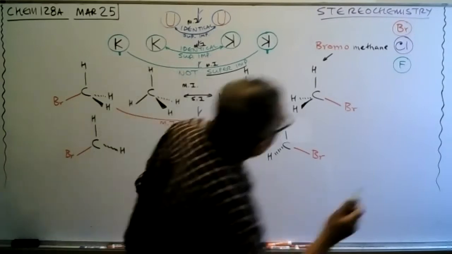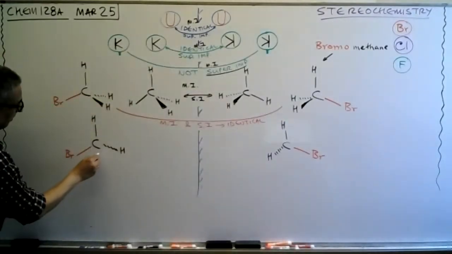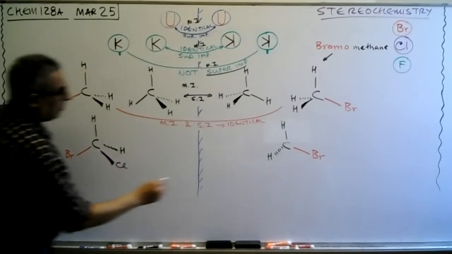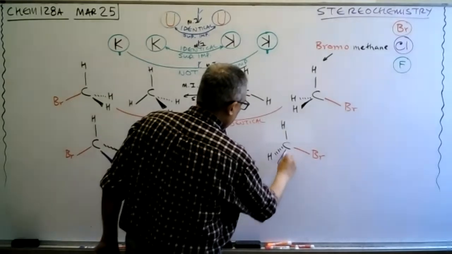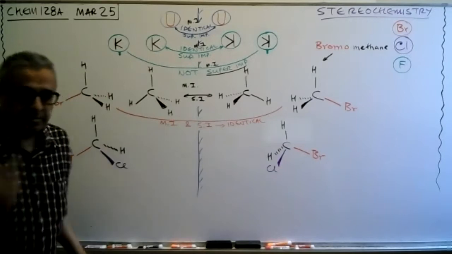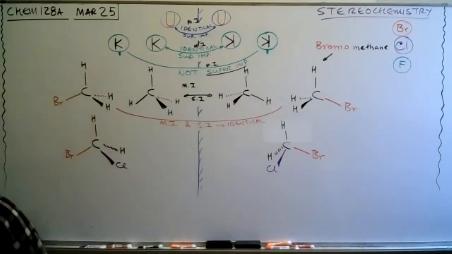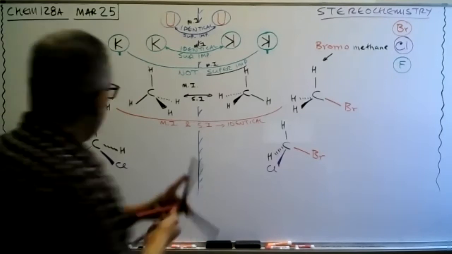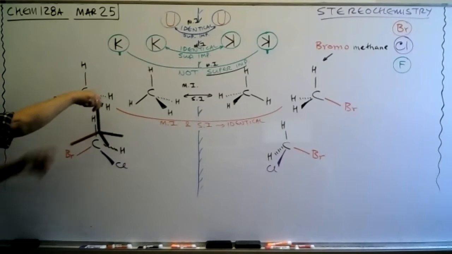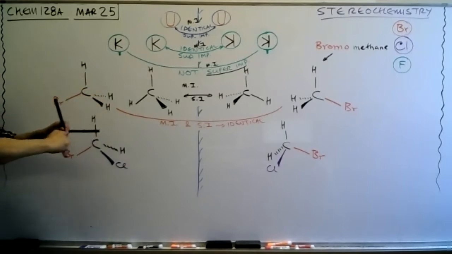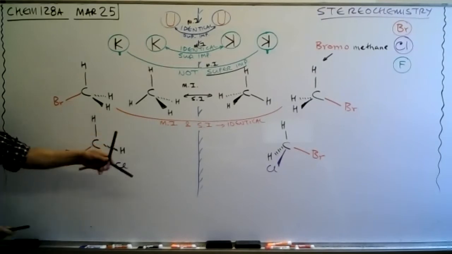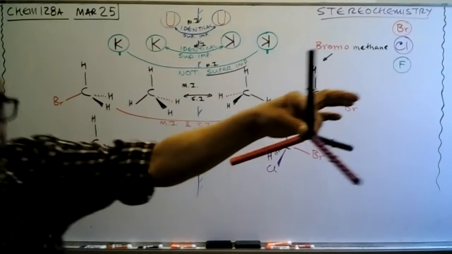Chlorine is supposed to be purple color. Let's make that change. Okay? So that's how the molecule looks. That's on the top, that's hydrogen. This is bromine. I'm going to switch this guy with the purple chlorine.